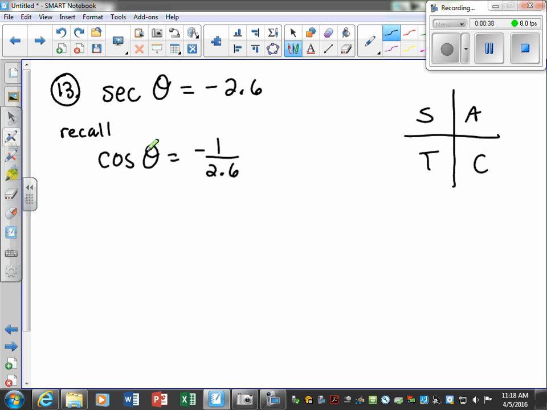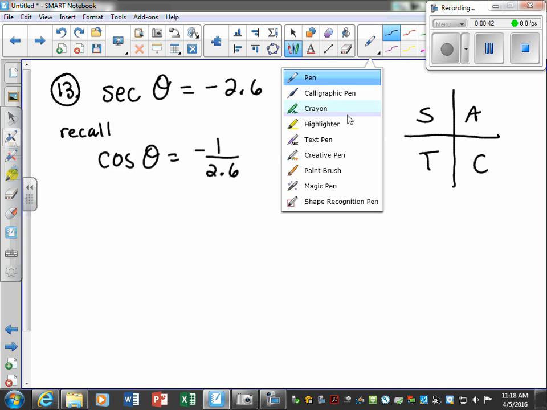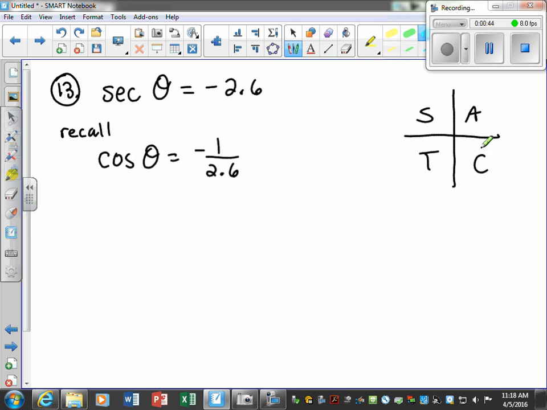Now, where is the cosine theta negative? Well, if it's positive here and here, that means it's negative here and here like the previous one. So secant of theta is negative in these quadrant 2 and quadrant 3 as well. So at this point, let's use our cosine inverse property.